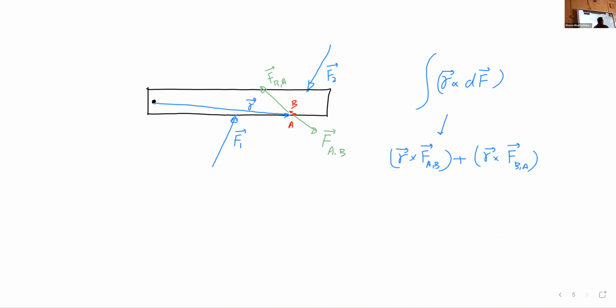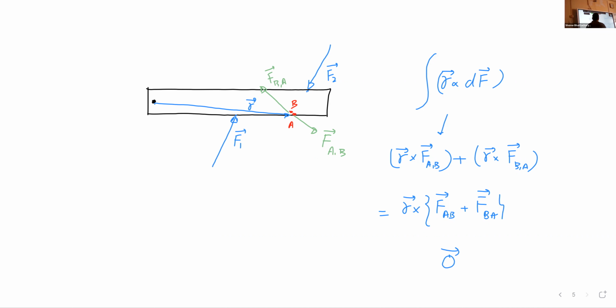Now, since these two forces are opposite of each other, they'll cancel each other, so this contribution will give us 0.